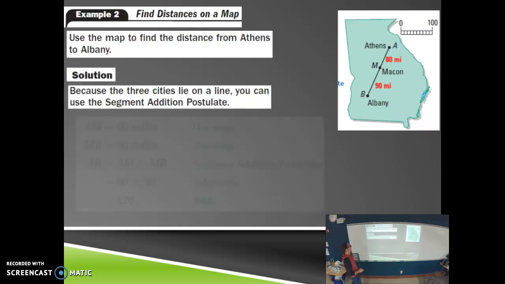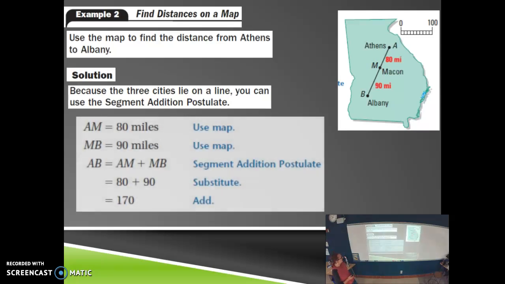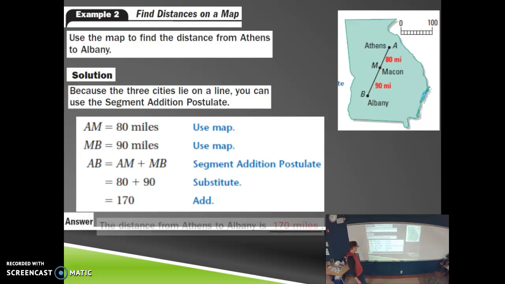Because they lie on a line, we can use that postulate that the two pieces of a line equal the length of the whole thing. So AM is 80 miles, from M to B is 90 miles, AB must equal AM plus MB. Therefore, the distance from Athens to Albany is 170 miles.